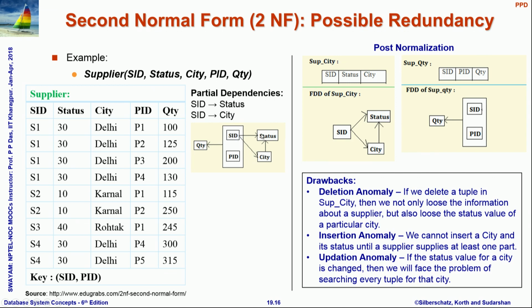Certainly in both of these, the left hand side is a proper subset of the primary key SID PID, and status and city do not feature in any of the candidate keys. So, these are cases of partial dependency, and because of that we need to normalize the database. It is violating the 2NF form.